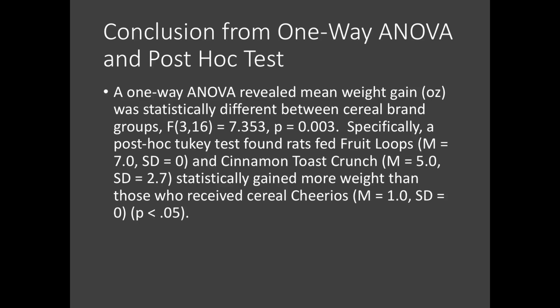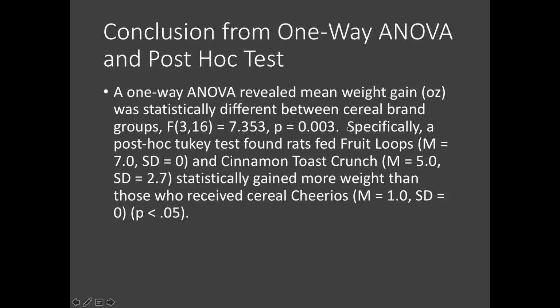Since there was a significant difference, we went and looked at that post hoc Tukey test, and we then want to report which of those are different. If we found that there was no difference up in this first part, you would just end your sentence there, because we found there was no significant difference.